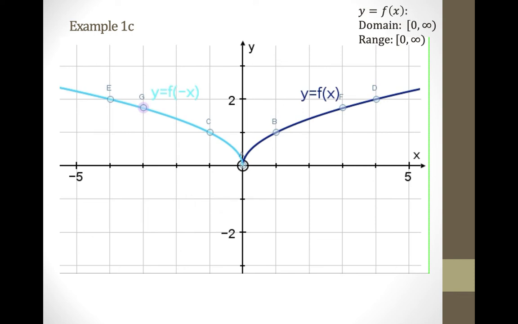What's the domain and range for this new function? Because it was the x values that we were reflecting, it's the domain that gets impacted this time. It reverses around. The range we didn't touch, it's still going to be from 0 up to infinity and beyond.